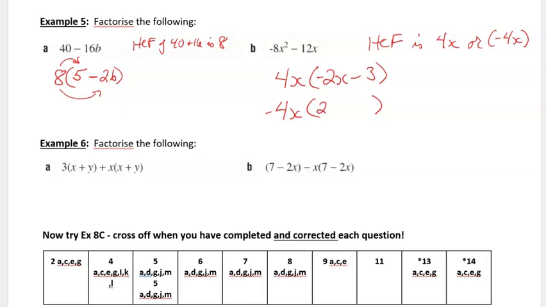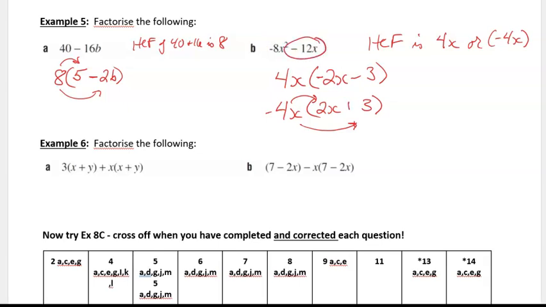So it'll end up looking just the opposite, because negative 4x times 2x is going to give me that negative 8x squared. Still works. And on the inside, I'm going to have something times 3. But if I want this to be negative 12x, then I'm going to actually put plus 3 in there, because negative 4x times 3 is going to give us that negative 12x.